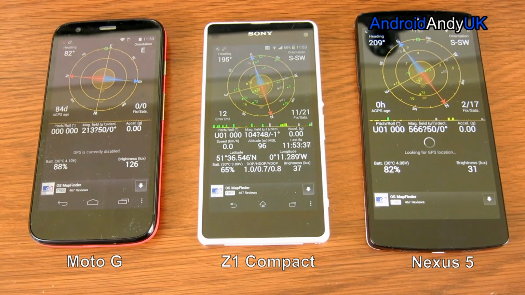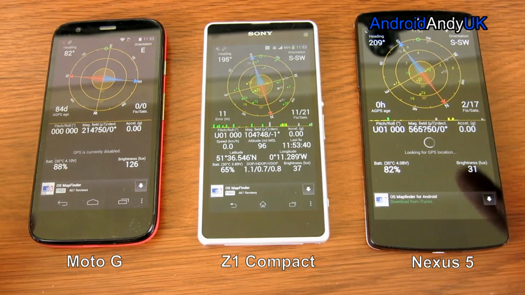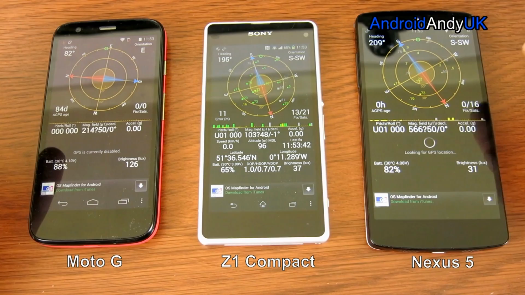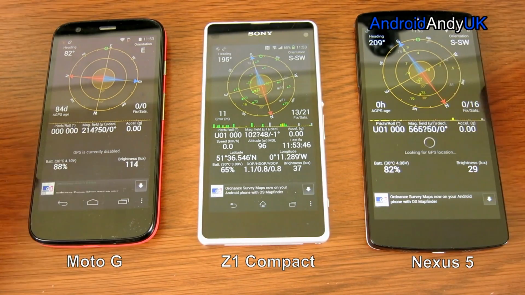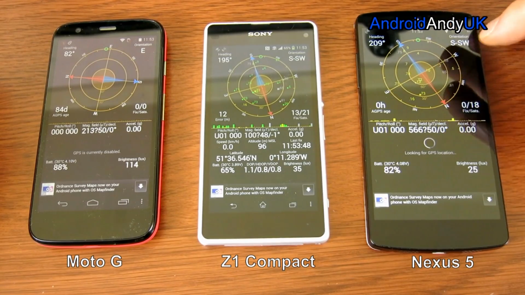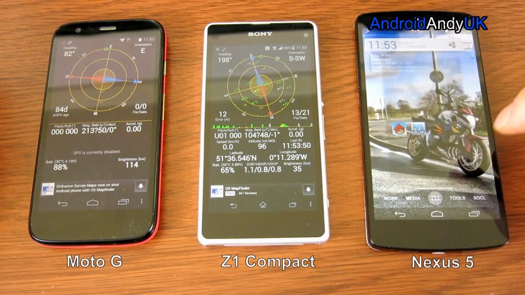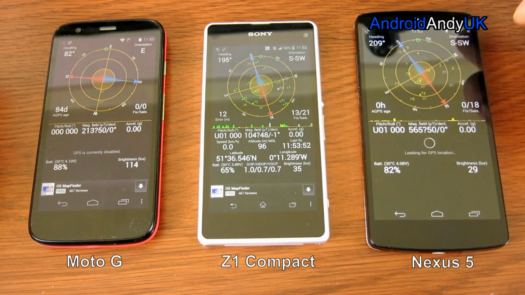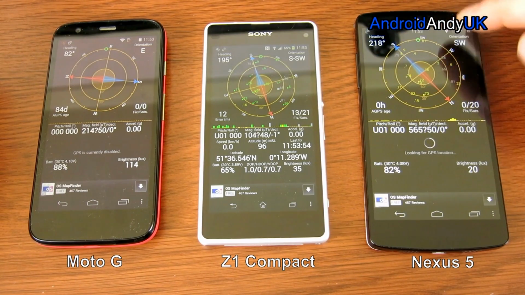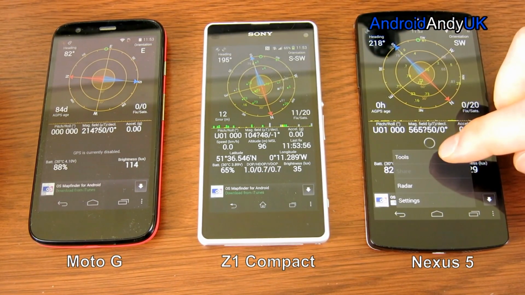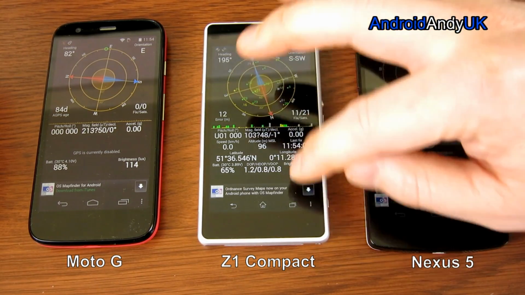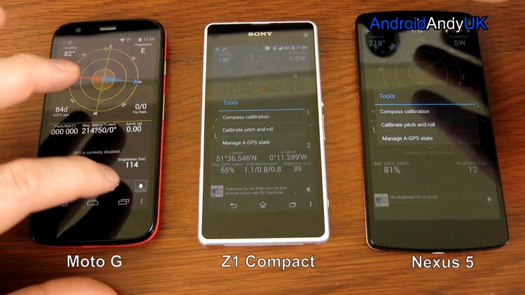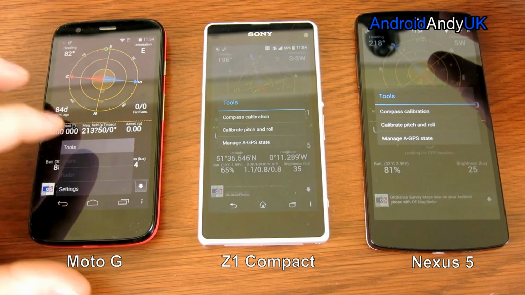Now, my theory was going to be, turn them all on, let them all get a GPS lock, and then wipe the lock and get them to do it again. Now, where's my menu button on here gone? There it is, sorry. So, tools we want.